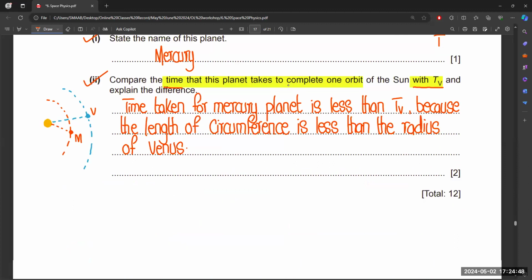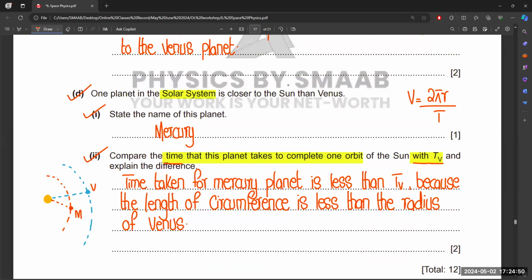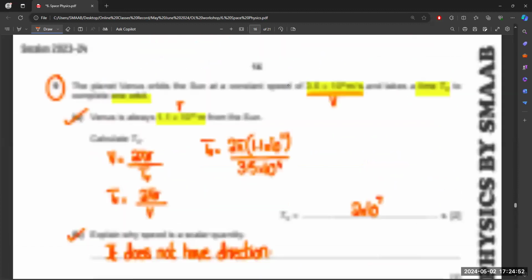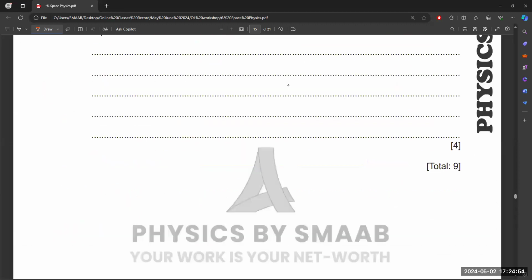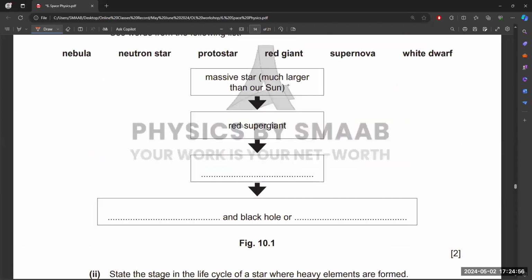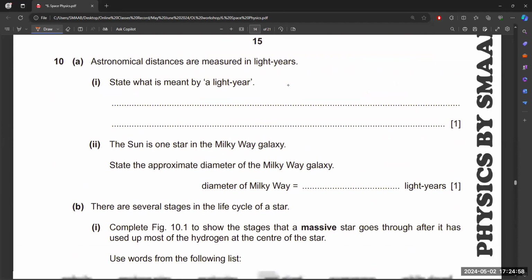Okay, so basically, this is another question. Question number 10. Astronomical distances are measured in light years.